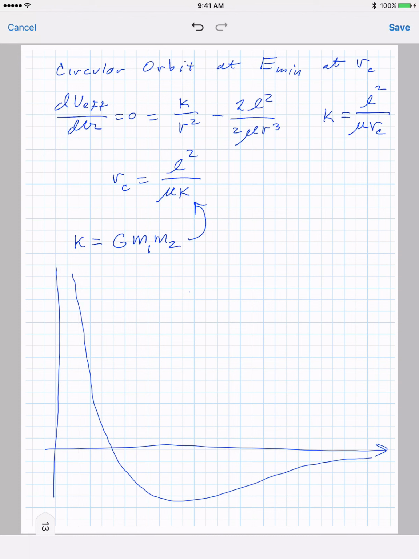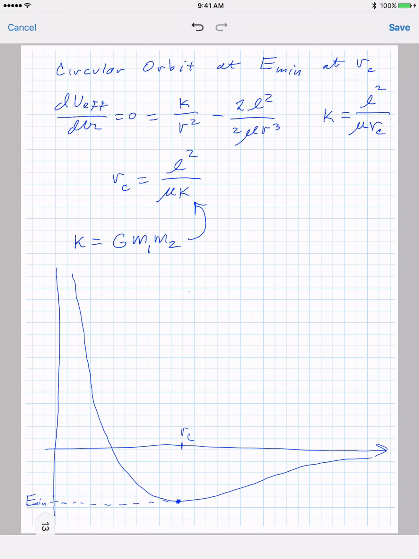All right, because what I want to do is actually look at the possibility of other types of orbits, right? So we've decided that we've got a circular solution. And so there's a circular solution when I'm at E minimum, and so there's an E minimum coming across here. So E min.